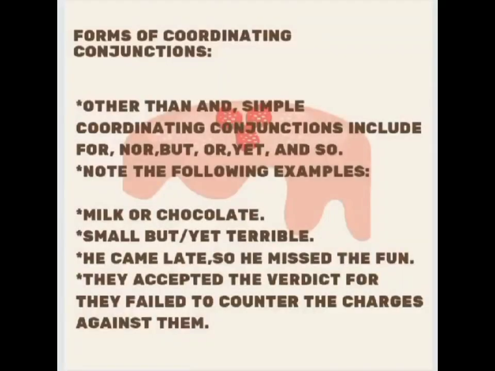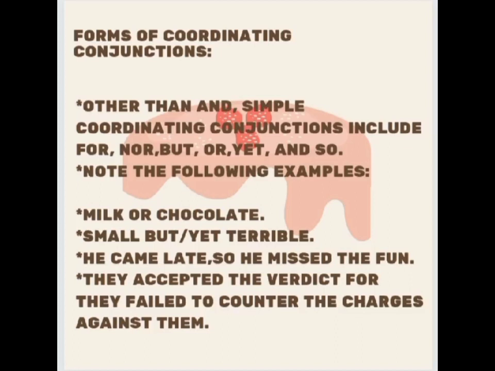Forms of coordinating conjunctions. Coordinating conjunctions connect two or more words, phrases, or clauses. Other than and, simple coordinating conjunctions include for, nor, but, or, yet, and so. Note the following examples. Example number 1, milk or chocolate.